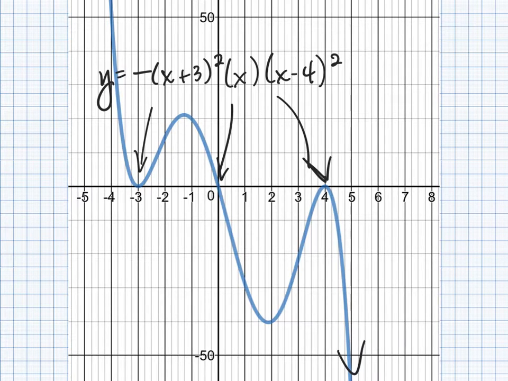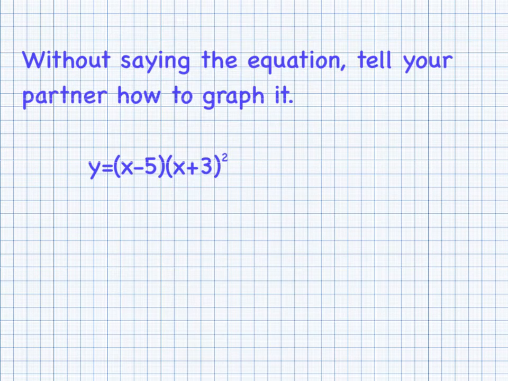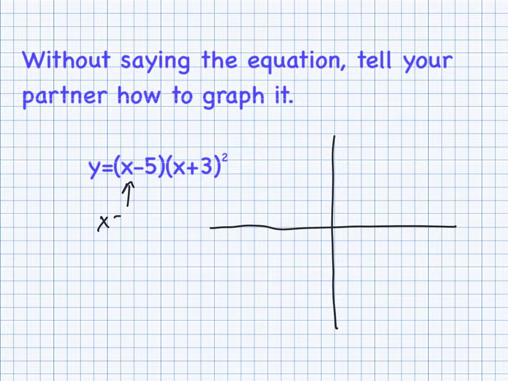3-3 deals with finding exact equations. This time, given an equation to graph, we start with what our roots are going to be. That one's going to have a root at 5. That's going to have a root at -3. So I'm going to put those on. I have a positive out here, so that means my ending direction is going to be up.